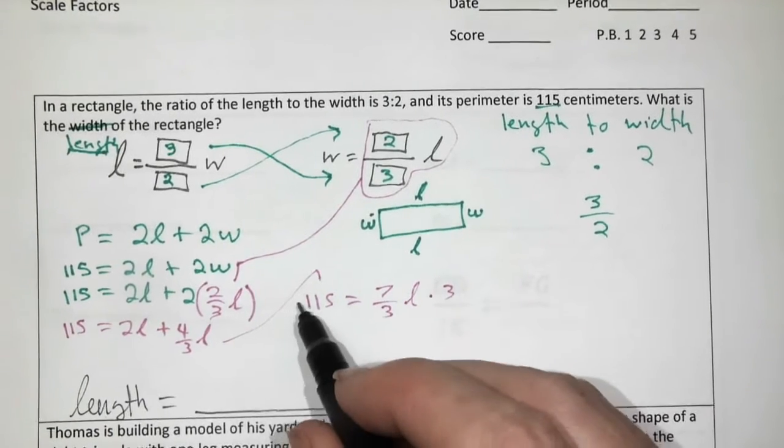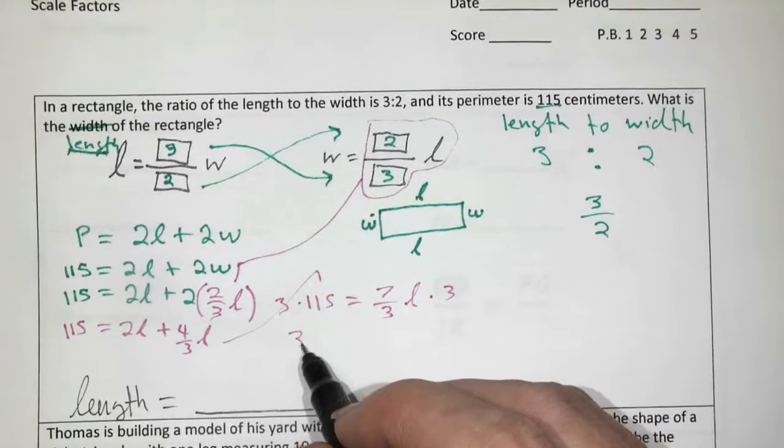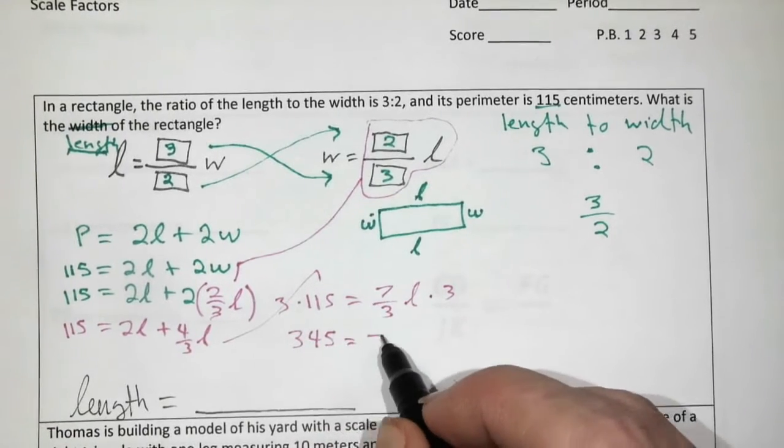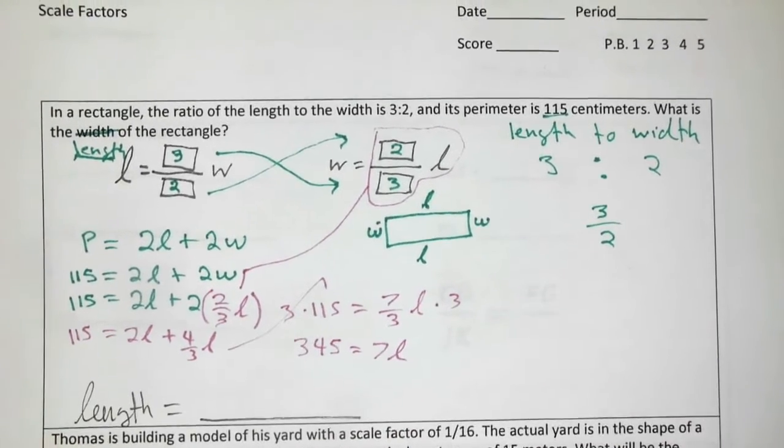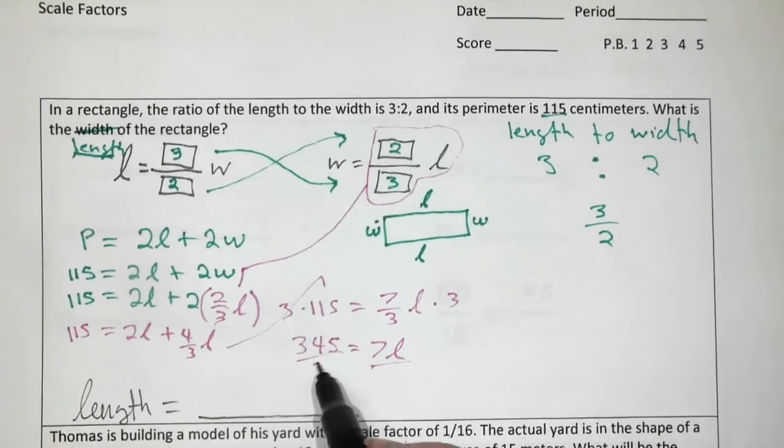Multiply both sides by 3. I have 345 is equal to 7L. Divide both sides by 7.